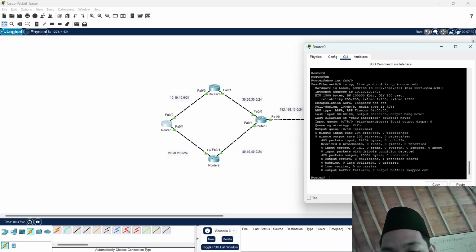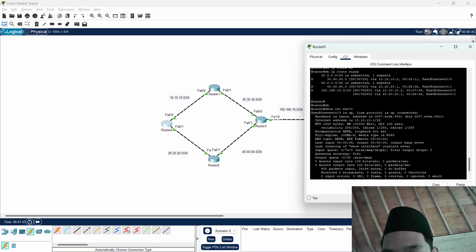And then if you look at this one, the MTU is 1500, and the bandwidth is 10,000, and the delay is 100.